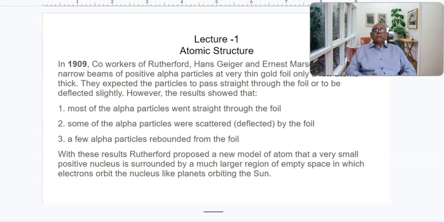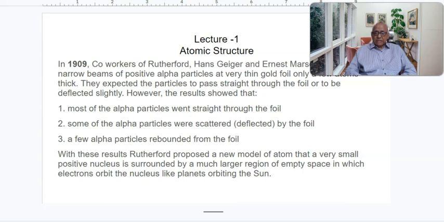They were thinking that the alpha particles would pass through the gold atoms straight, but to their surprise they found some of the alpha particles passed straight, a few were deflected, and very few just rebounded back.